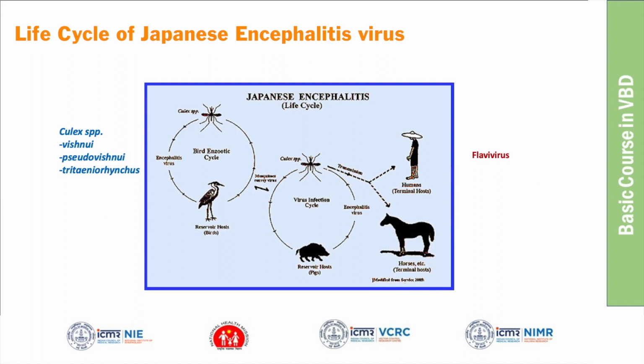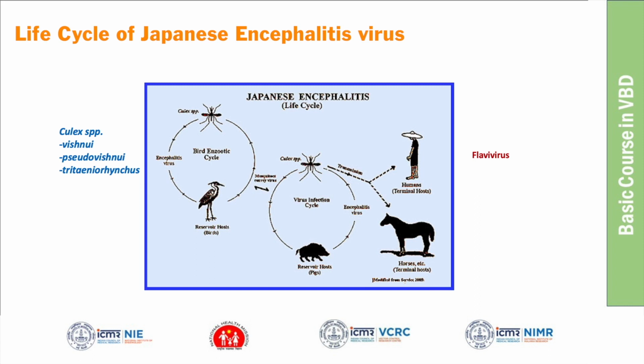As far as Japanese encephalitis is concerned, this causes sporadic infections, and we know that a vaccine is available for pigs as well as humans. Japanese encephalitis virus is a flavivirus, and Culex vishnui group of mosquitoes transmit the virus.